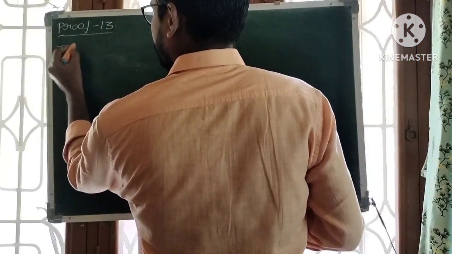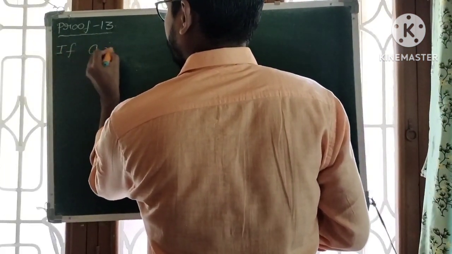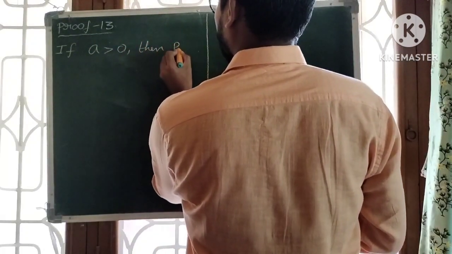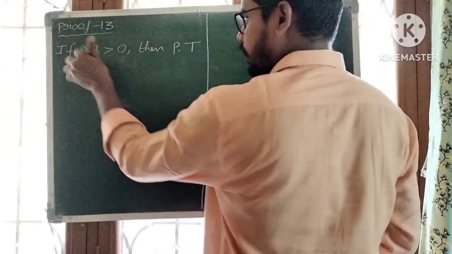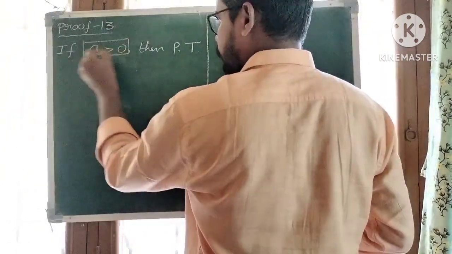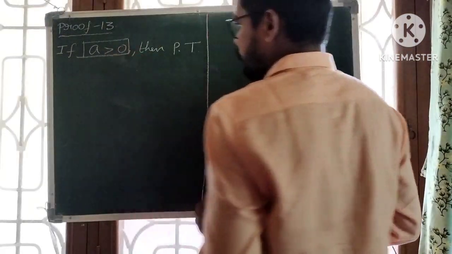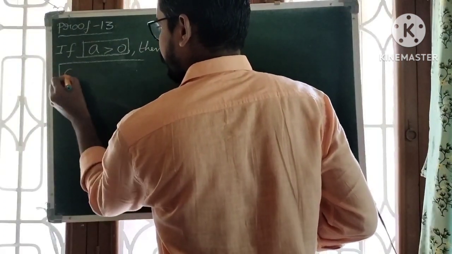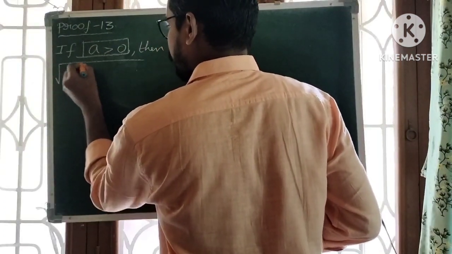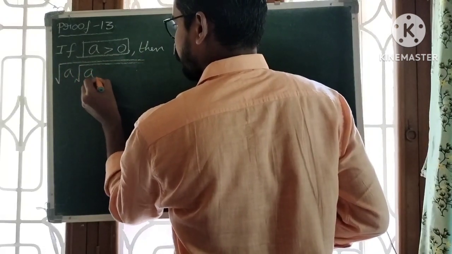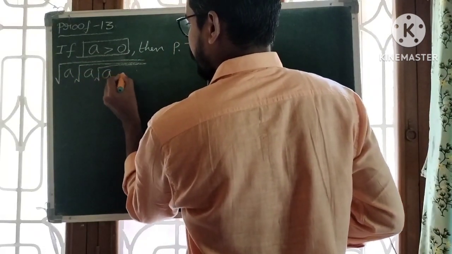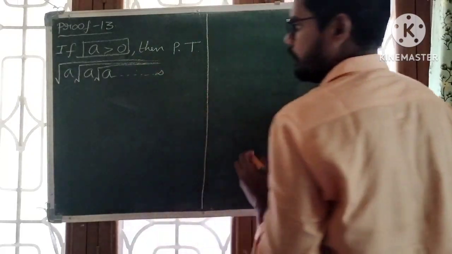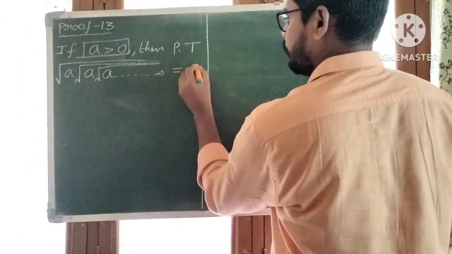If a greater than 0, then prove that if a greater than 0. So here a is a positive number, any positive number. Then prove that the square root of a, square root of a, square root of a, and so on to infinity is equal to a.